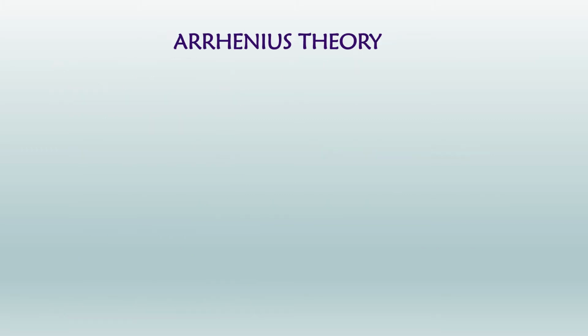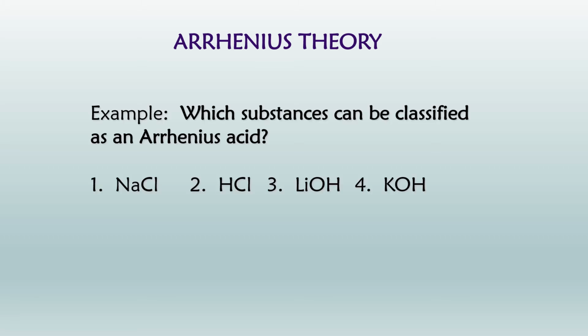So now that we know what Arrhenius said about acids and bases, let's quickly practice what we have learned so far. So here we have 4 different compounds, and we have to identify an Arrhenius acid. Remember, Arrhenius said that acids need to have a hydrogen so that they can release the hydrogen ion into the aqueous solution.